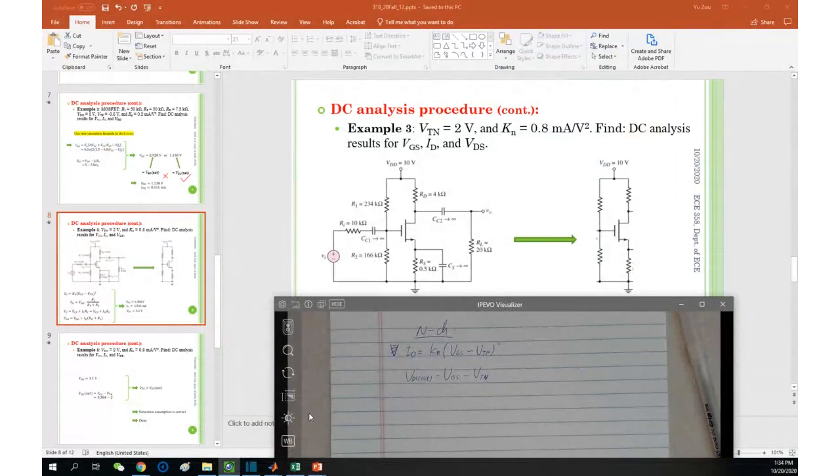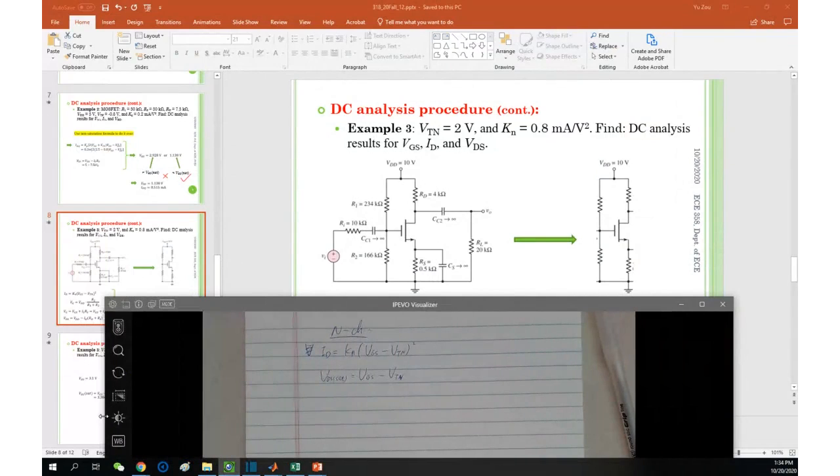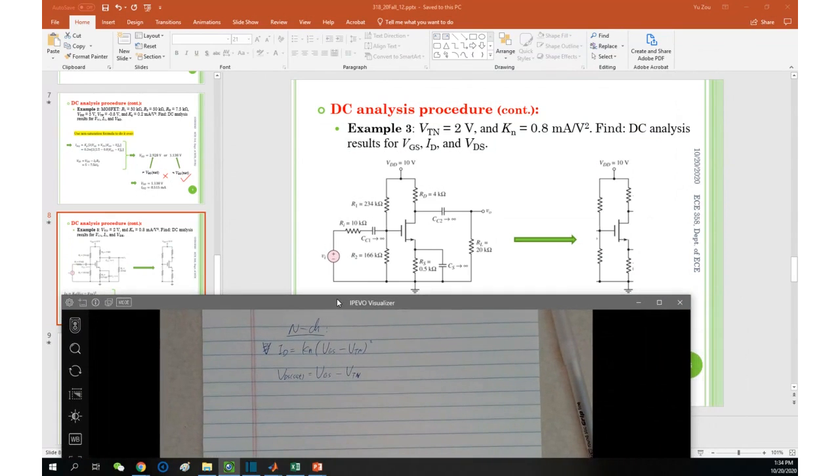I'm giving you the formula for N channel. One is the saturation current equation, another is the saturation VDS voltage. You go ahead and come up with the equations as well as the algebra.